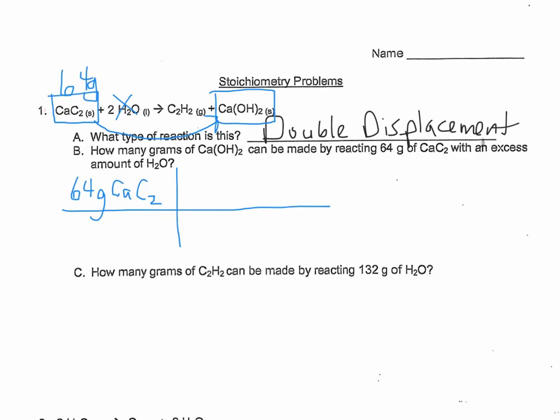If I add this up here, maybe in the margins, calcium's about 40.1, I think. 2 carbons, 12 apiece is 24. I'm getting that off the periodic table. So that ends up being 64.1 grams of CaC2. And that's 1 mole, right? That's off the table. The table's all 1 mole. Again, should be review.